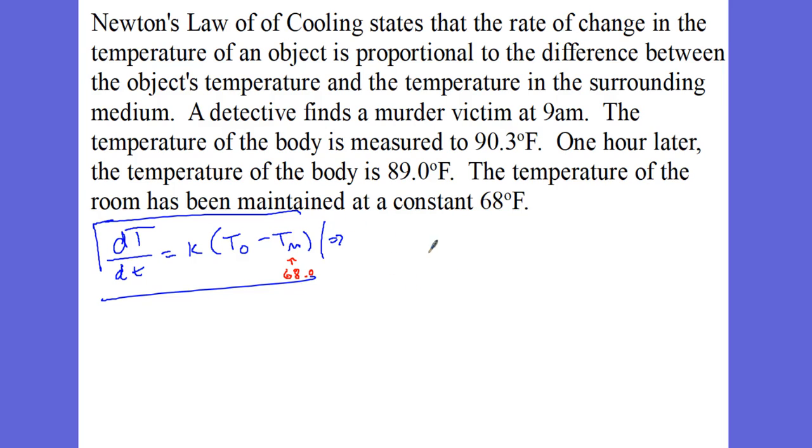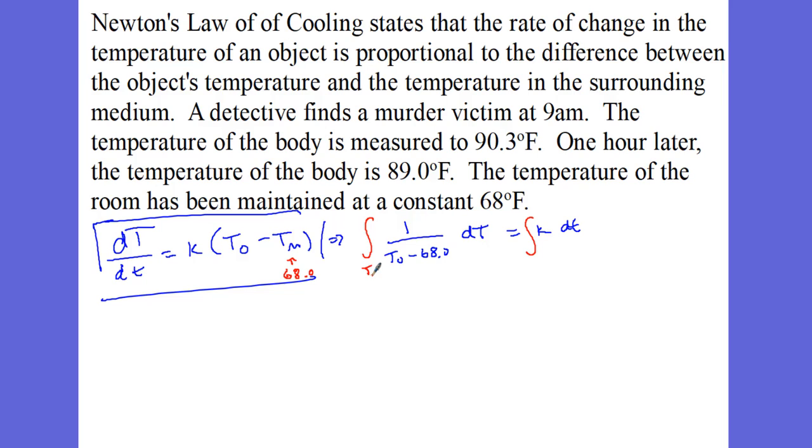I'm going to separate my variables. So I get 1 over the object's temperature minus 68.0 times the change of the temperature equals k times the change in the time, which means now I'm primed and ready to integrate, aren't I? Now, what are my limits of integration?